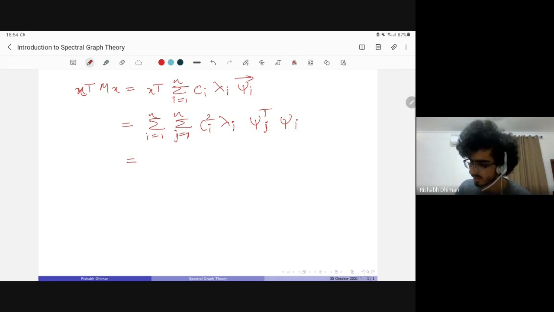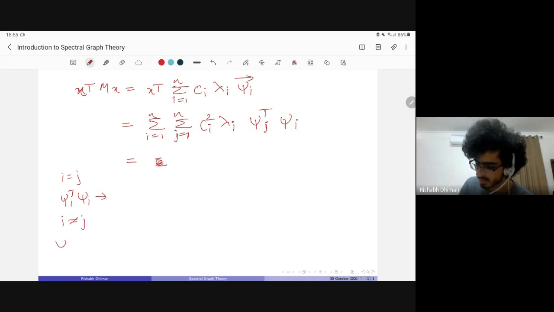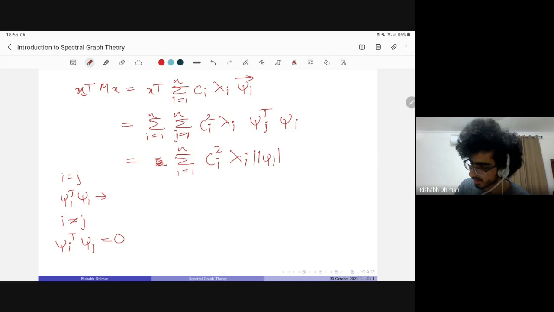For i equal to j, psi_i transpose psi_i is some number, but for i not equal to j, because of the orthogonality condition I mentioned, this is actually 0. So what this sum boils down to is the summation of c_i squared lambda_i, and this is positive.